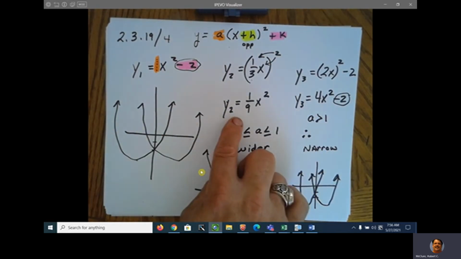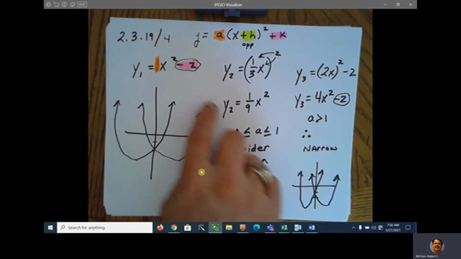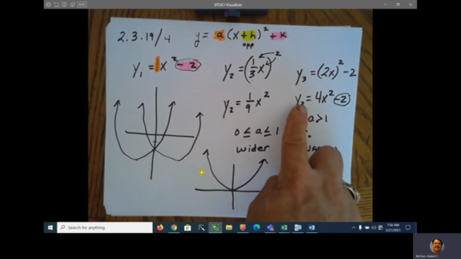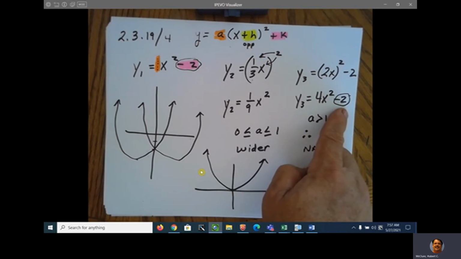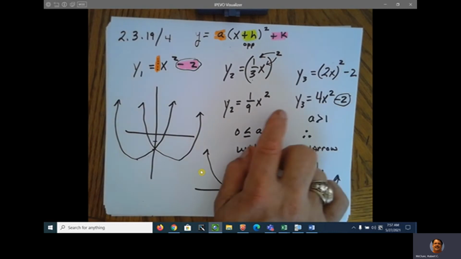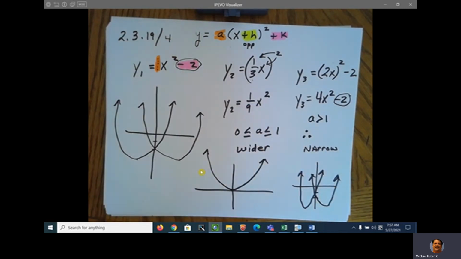So these are the correct answers: 1/9 x squared, and 4x squared minus 2. If you graph these on your graphing calculator, you will get the correct drawing, but it will be incorrect in this homework question. And I hate those two questions to start off with, because they are really yucky questions.